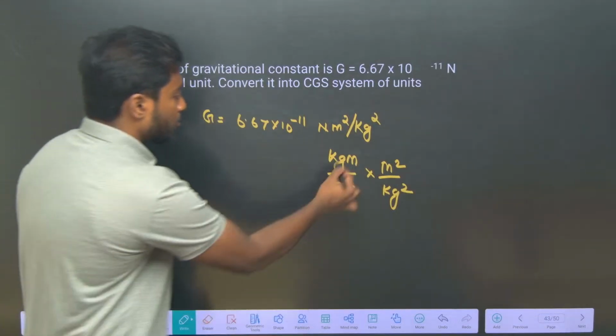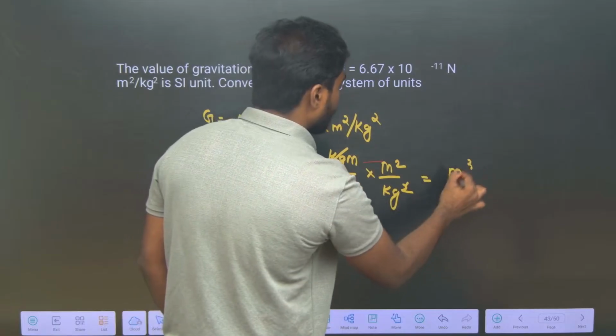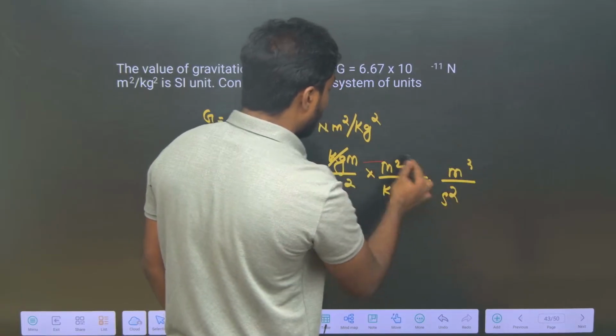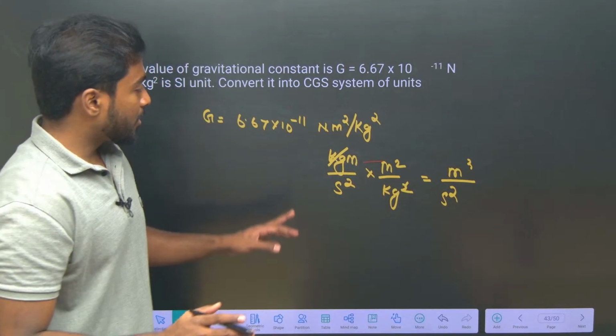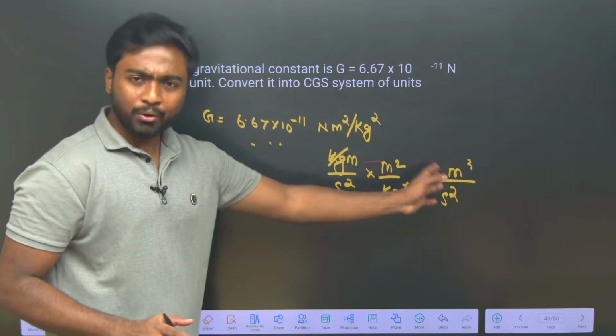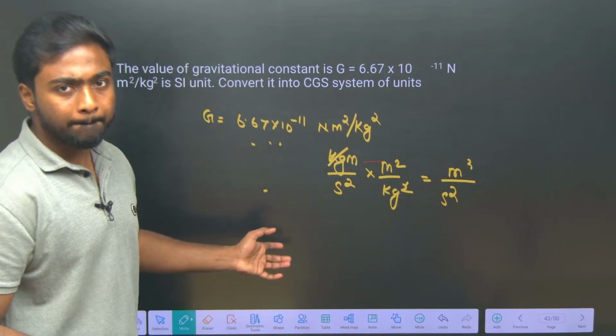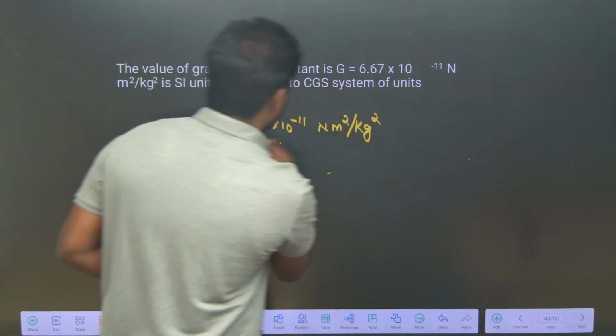So one kg and one kg get cancelled off, which equals meter cube divided by second square. You can keep this as one value and get the other value, both are the same. Let me do that only, so that it will be easy.